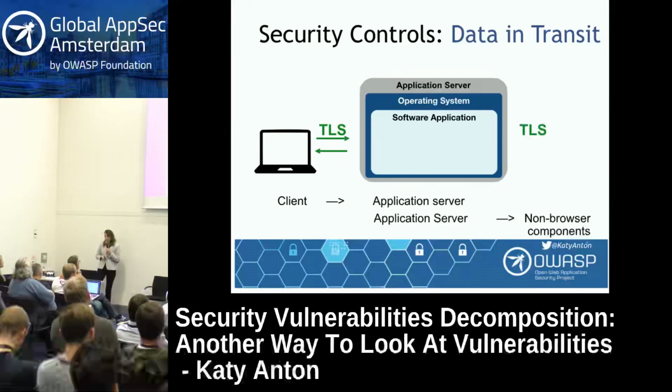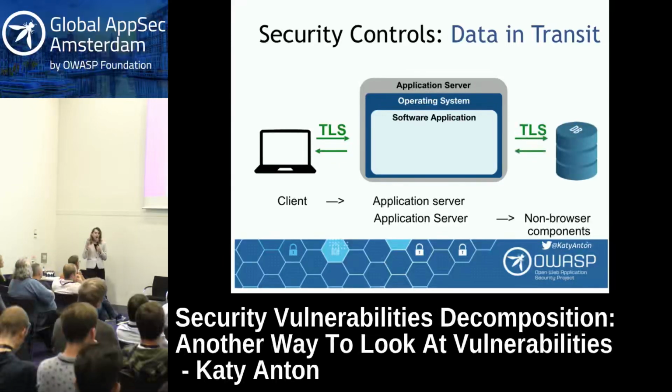But we still have a problem with the communication behind the firewall, for example between the application servers and other non-browser components like the database. And this is where we have to improve as well. So ideally, when you transfer the data, it should be over a secure channel throughout, including behind the firewall.